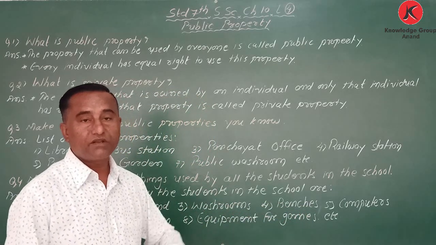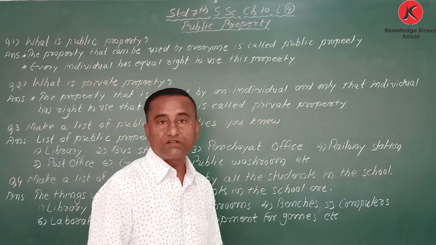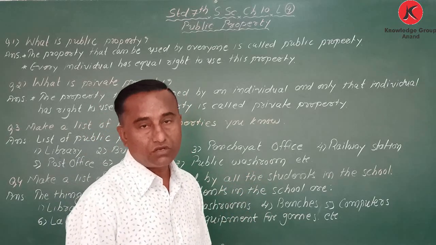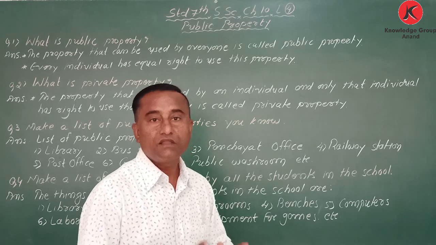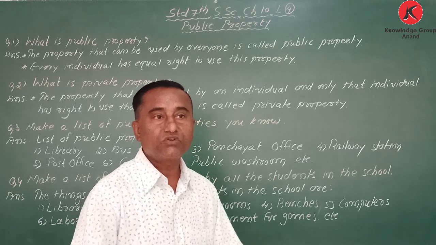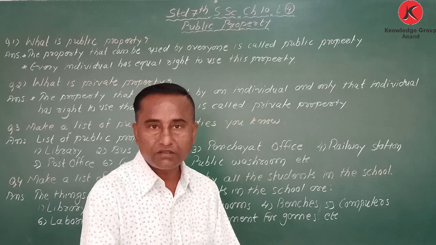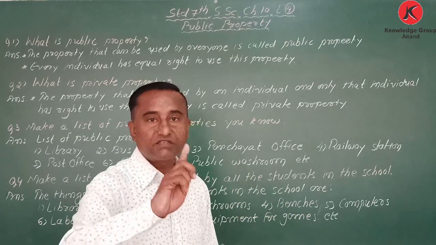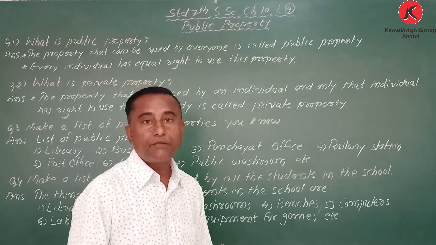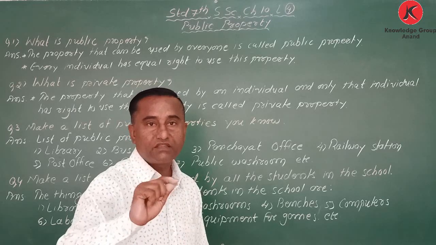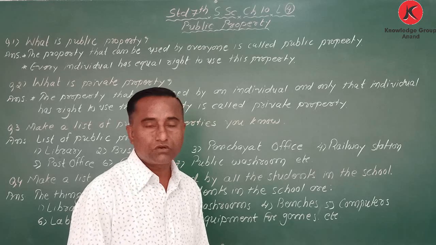Take the example, you sit on a bench. That is called school property. We can say public property, no problem, because it belongs to the school. But you cannot write your own name on it, you cannot damage it. Many students have a habit of writing their name on benches, that is not good.